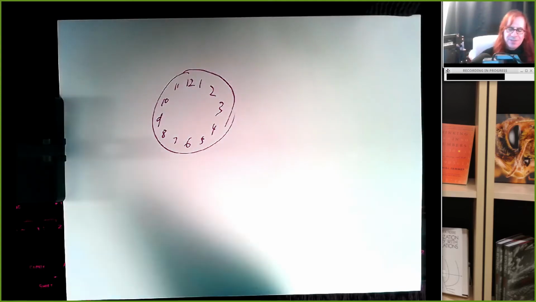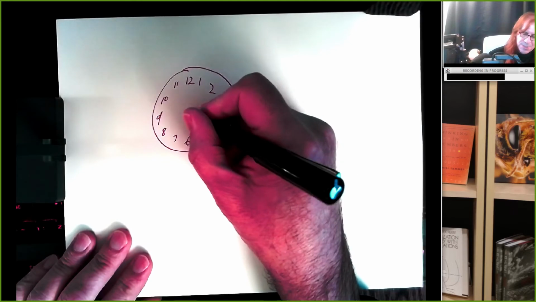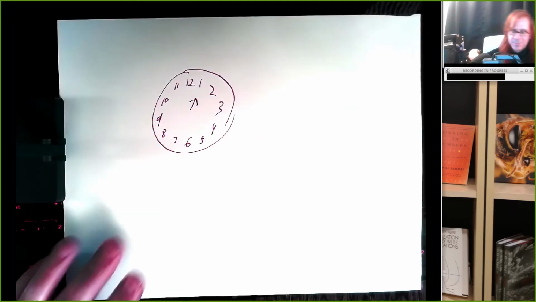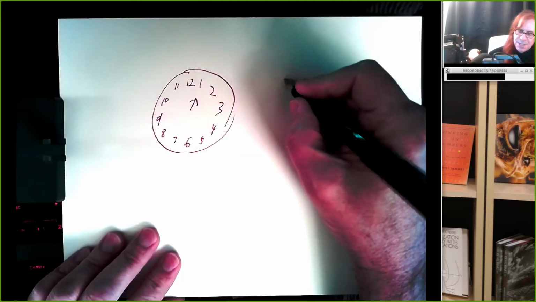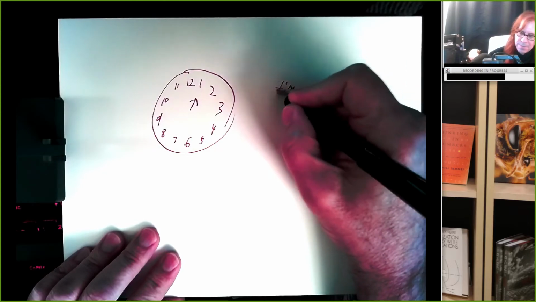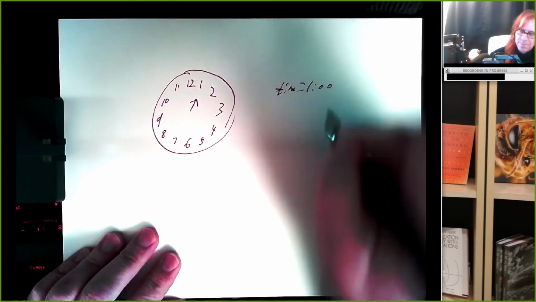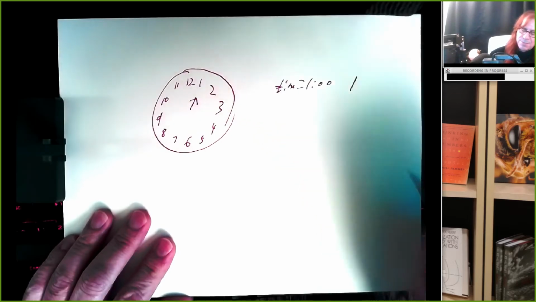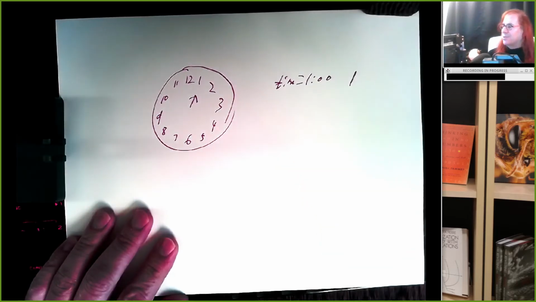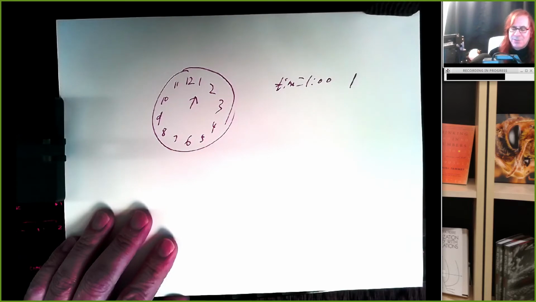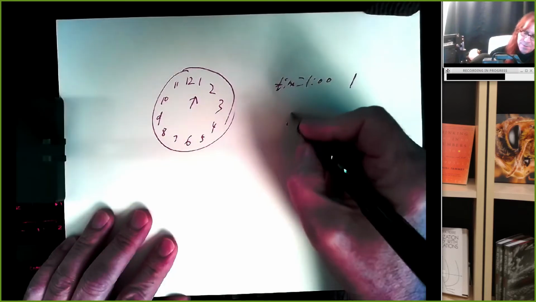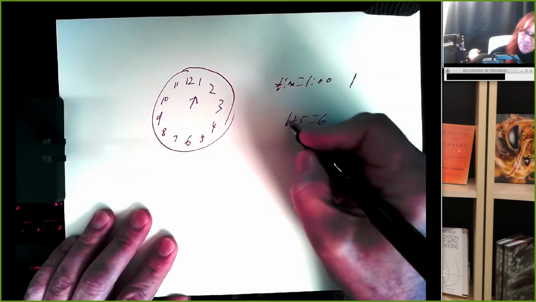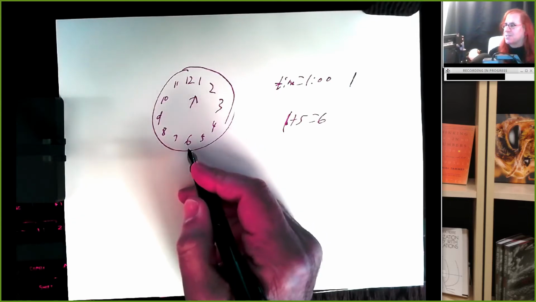There's a clock face. This was how I learned modular arithmetic. And let's say it's 1 o'clock. So we're just going to represent that with the number 1. So if you want to know what time will it be in 5 hours, do 1 plus 5 equals 6. It's going to be 6 o'clock.